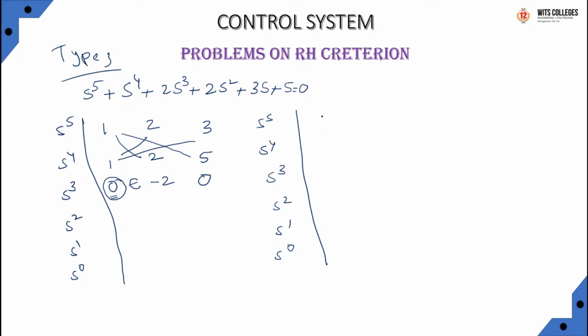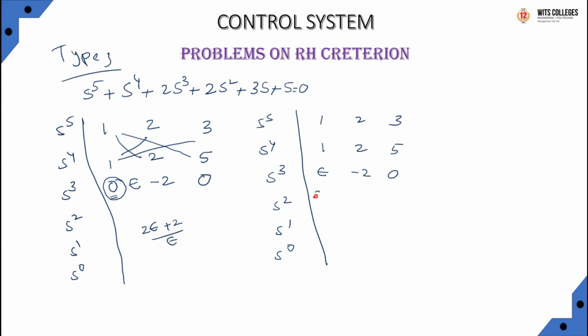Here 1, 2, 3, 1, 2, 5. In the place of 0, I am substituting epsilon. Here minus 2, 0. Multiplying this, 2 into epsilon, minus into minus plus 2 by epsilon.